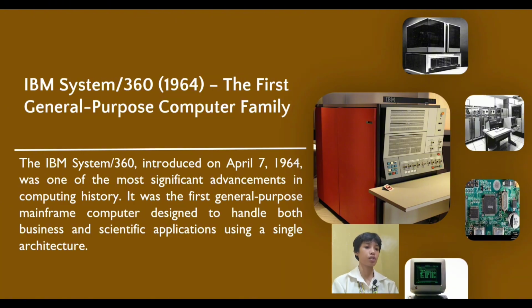It was the first general purpose mainframe computer designed to handle both business and scientific application using a single architecture. So we can see here the computer is still bigger, but then this does not use any vacuum tube here, and it uses already a circuitry instead of transistor.